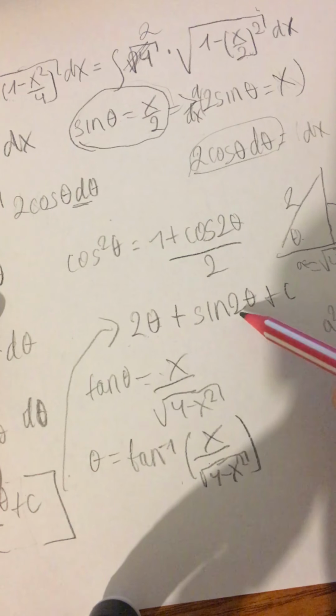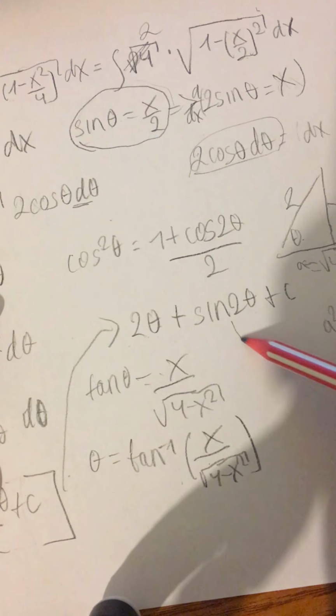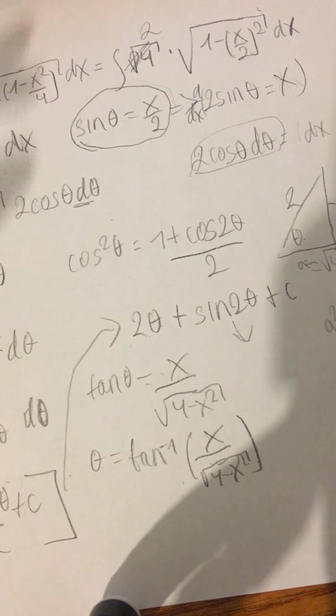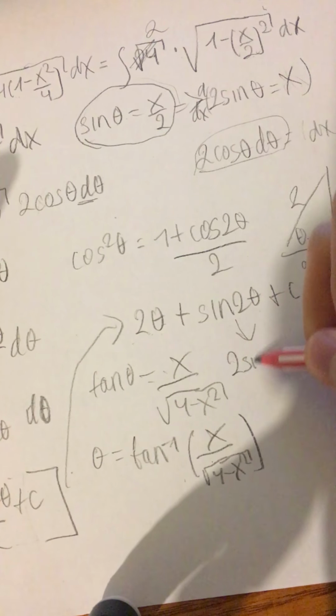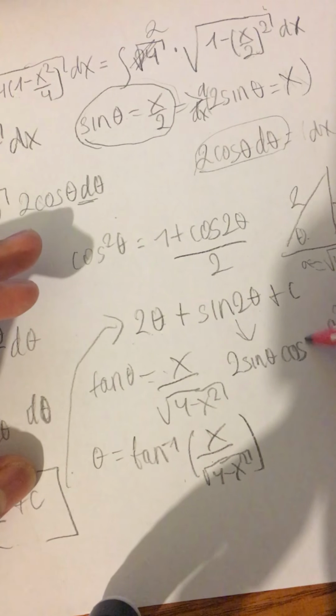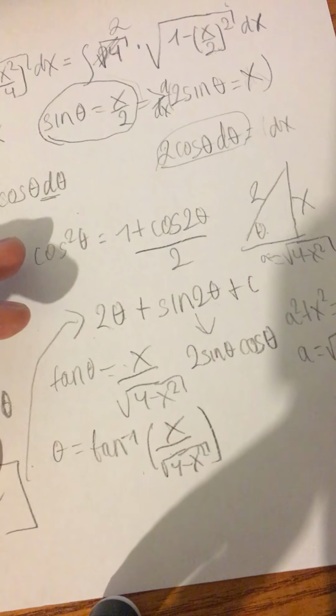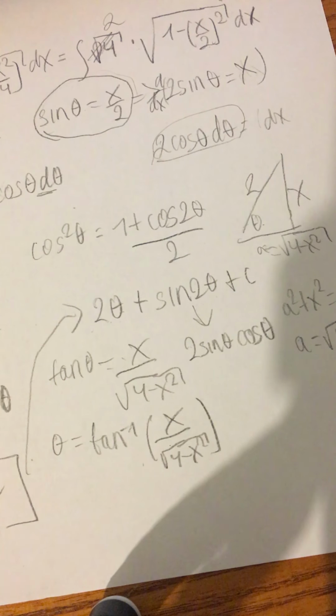Okay, and then let's see, what can we do here? Because we have theta, so we don't have 2 theta, but there's also an identity that says that sine 2 theta is equivalent to 2 sine theta cosine theta. So I know this is a little gross, but let me just do it.